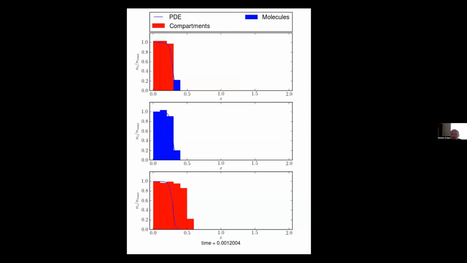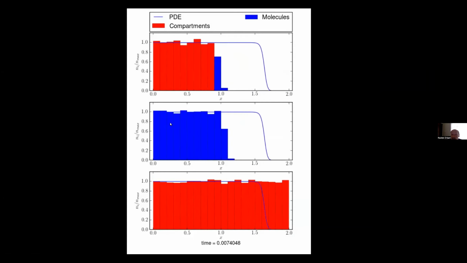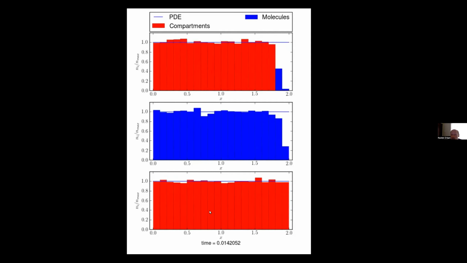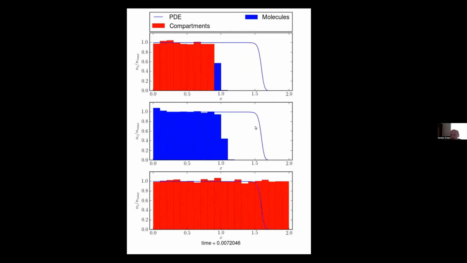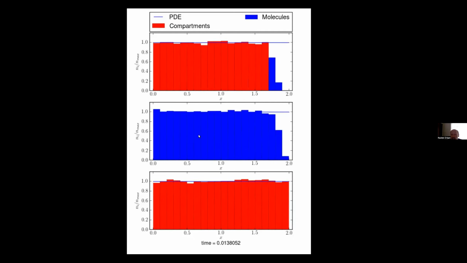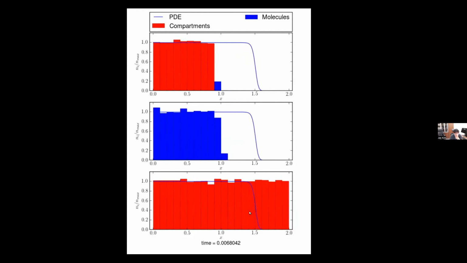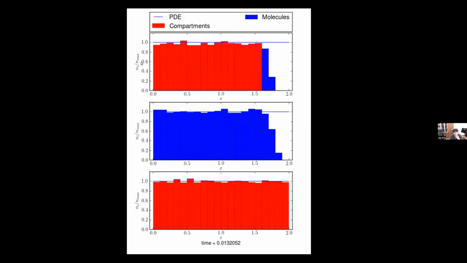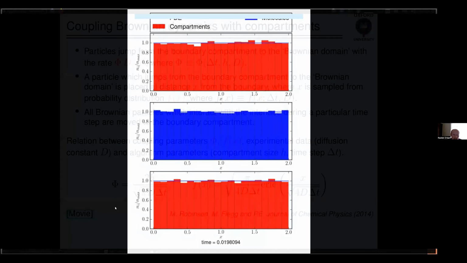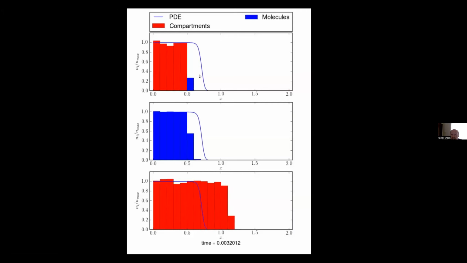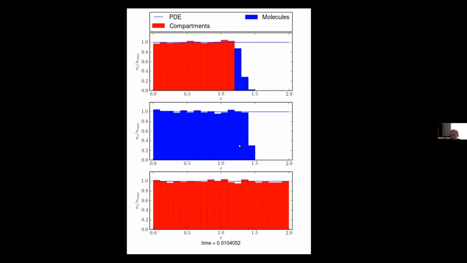You can see that if I use purely PDE or compartment-based modeling, which are these plots, I'm getting different traveling wave speeds. PDE is quicker than molecular-based modeling, but if you look at the bottom simulation, compartment-based modeling is actually quicker than PDE. The top shows the results of the multi-resolution simulation, where you can see that it has the same speed as molecular-based modeling, because that's what you want to achieve.